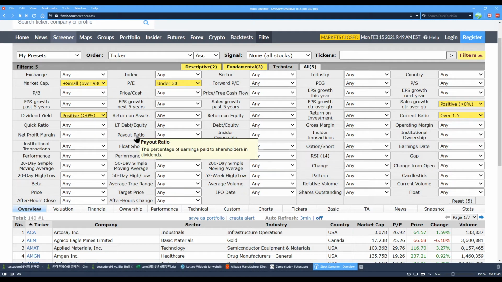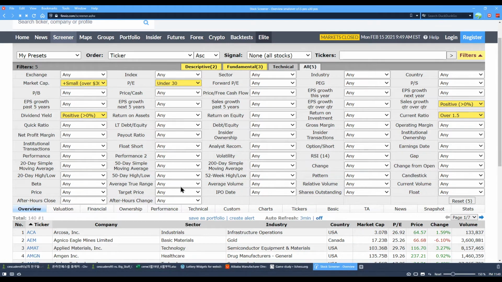And one of the indicators that can help you judge whether or not a company's dividend is sustainable is the payout ratio, because this is the portion of their profit, meaning the actual money earned after expenses, that they are actually paying out as a dividend. So for example, if it's over 100%, then that would mean the company is paying all or more than all of its profit out as a dividend.